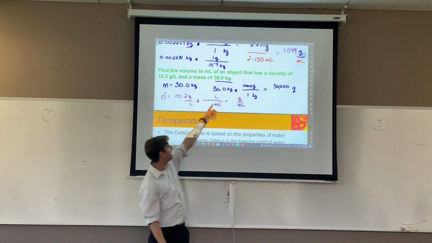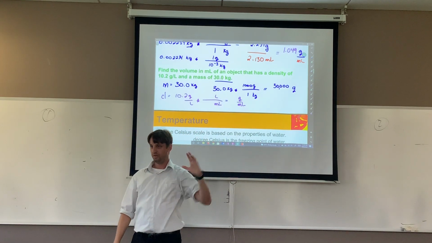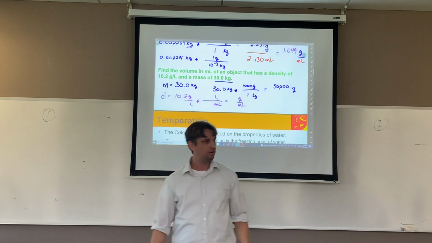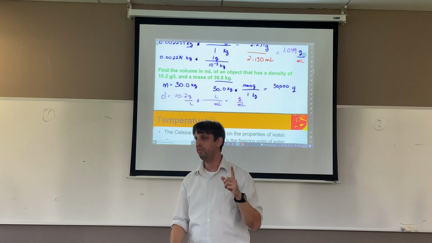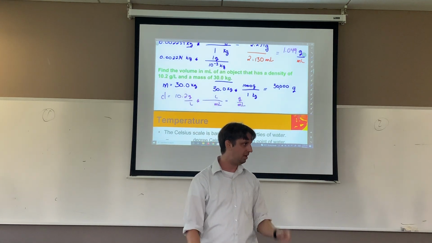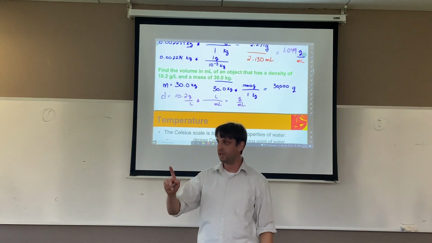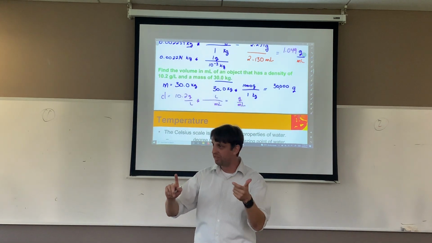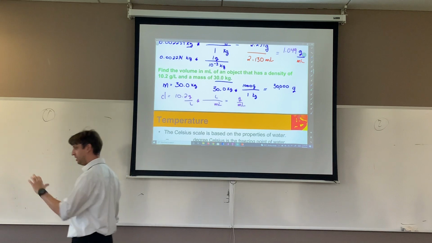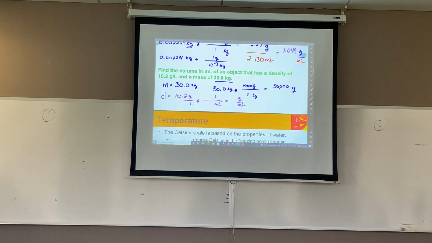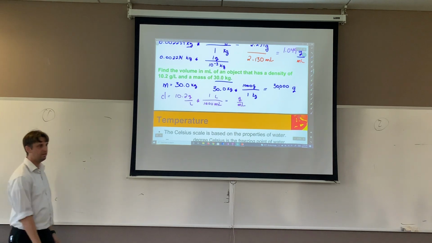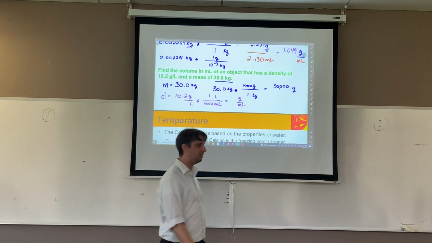What's the relationship between liter and milliliter? What can we say about that? For every 1 liter we have 1,000 milliliters. For every 1 milliliter we have a 1,000th of a liter. Either way you guys want to do this. I prefer to always do that, just how I remember it a little bit easier, okay?